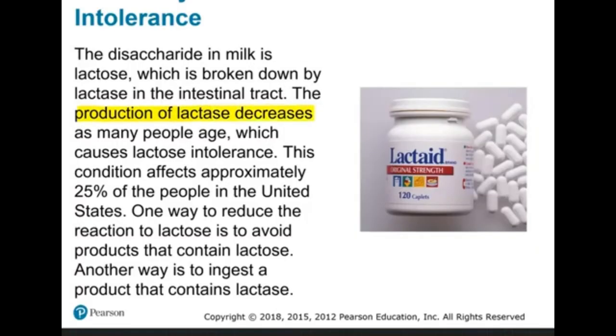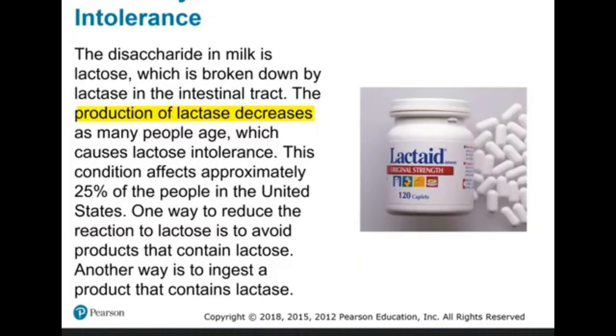In some people, the amount of the enzyme lactase that we produce goes down as we age. Right? Because milk is not the main component of our diet as we grow up, right? Because people still drink milk, but they also eat a bunch of other stuff.